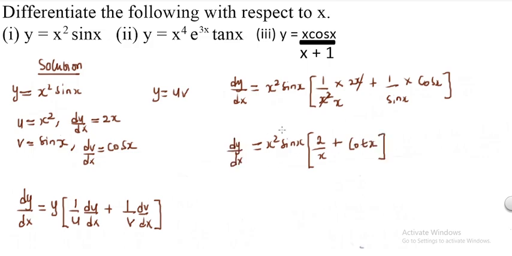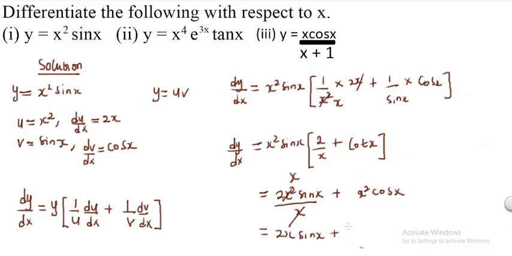If we open the bracket, x squared sine x times 2 over x is equal to 2x squared sine x divided by x. Multiplying by the second term, we have x squared cos x. So here x can cancel out x, so that we have 2x sine x plus x squared cos x. So dy over dx is equal to this.